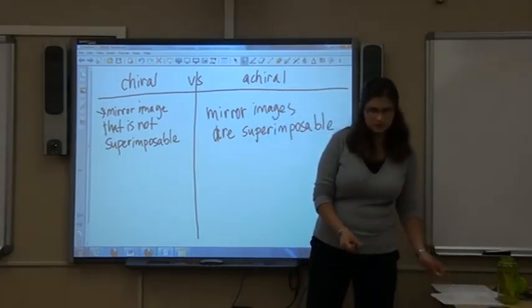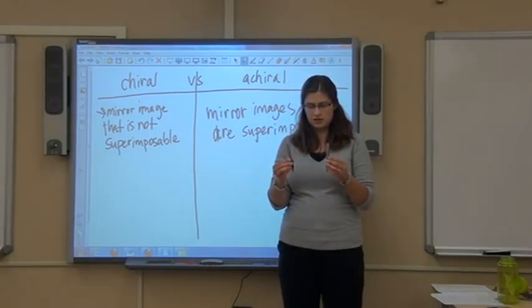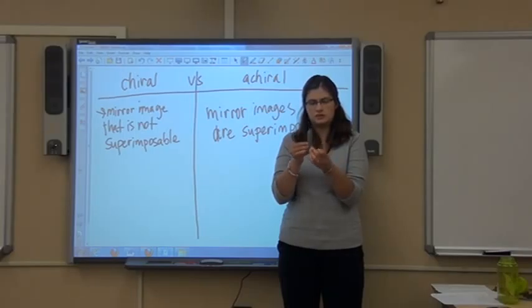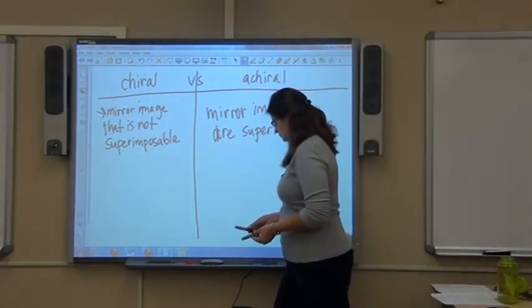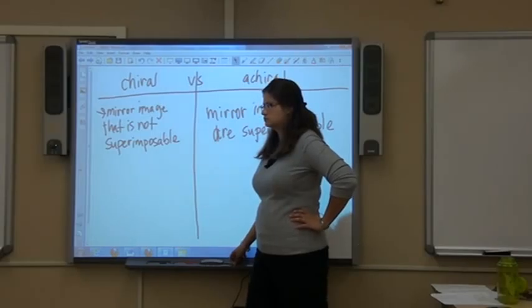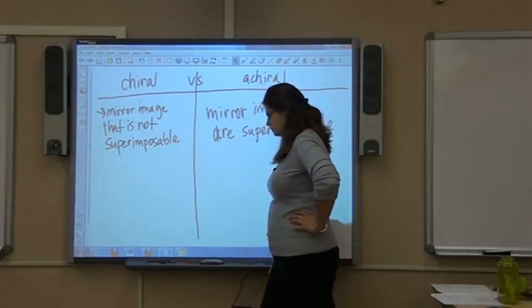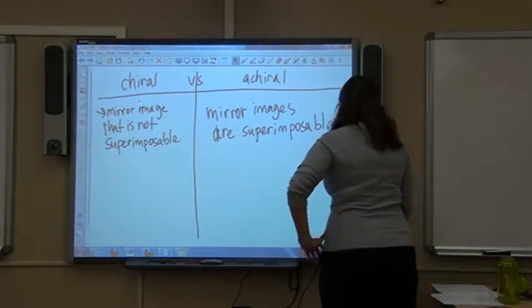If I were to take this marker and take its mirror image, it would look exactly like this. And what I could do is just spin the marker around so that I could put them exactly on top of each other and they would be interchangeable. Let me think of something else in the classroom that would be a mirror image, so it would be a little easier to see.